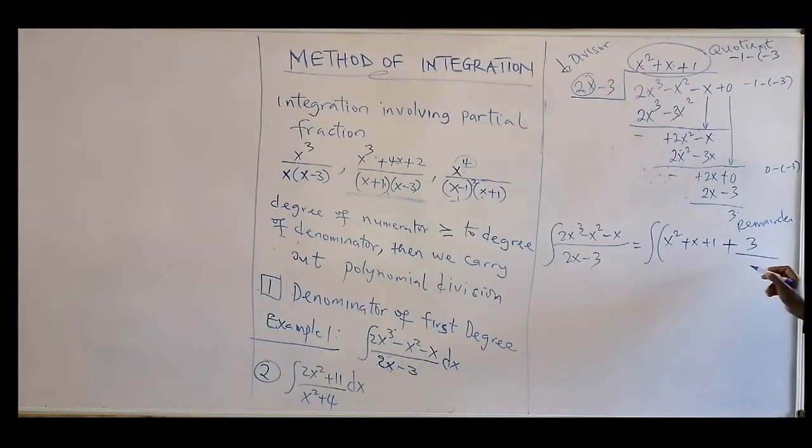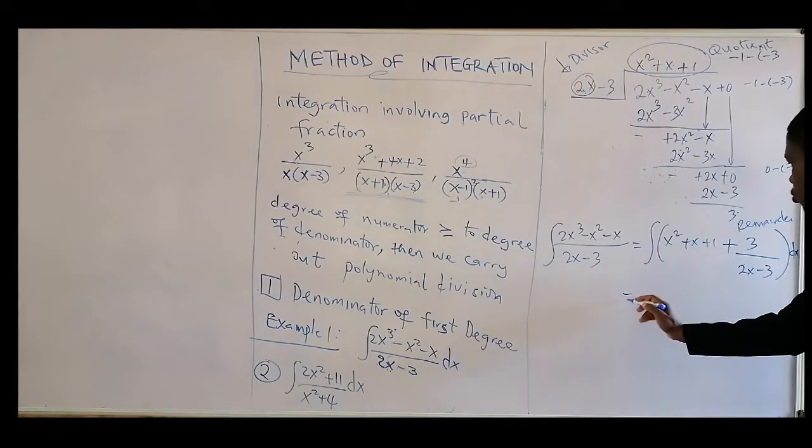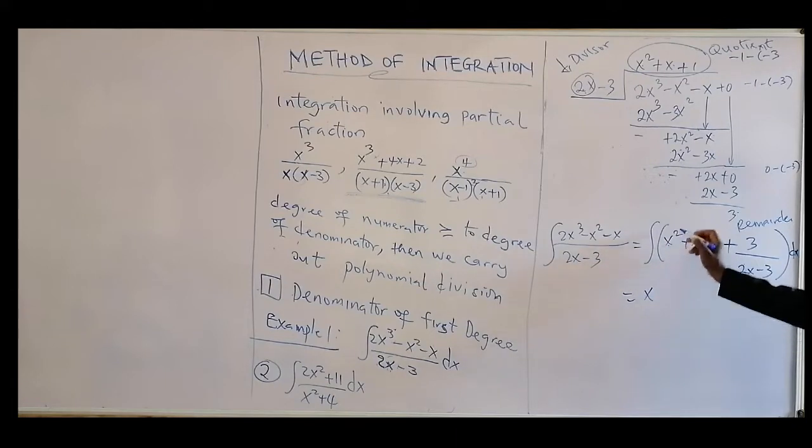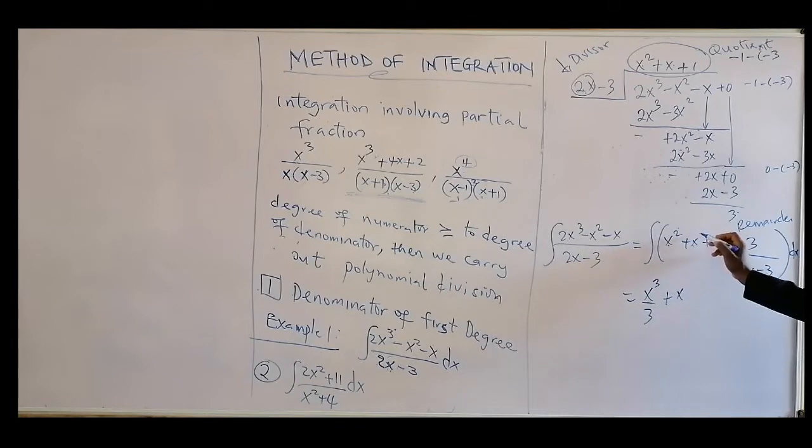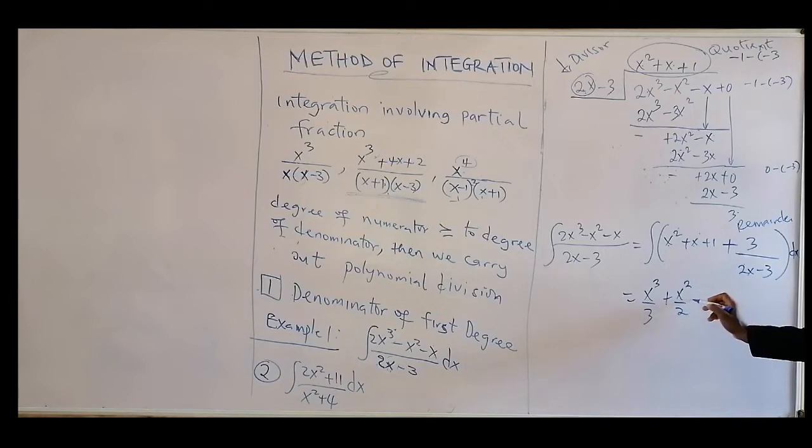So over the divisor there, that's 2x minus 3. Then close it. Okay? So in that case now, we can now integrate this, your dx. So which will be equal to the quotient. This will be equal to integral of x squared, that will be x cubed over 3. Integral of x, that will be plus x squared, this is power 1 plus 1, that's 2 over 2. And the integral of 1 times dx, that's equal to x.